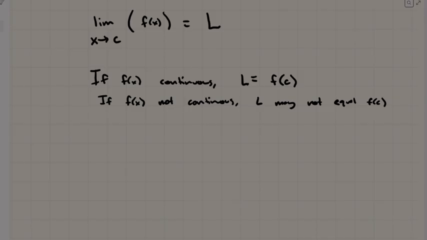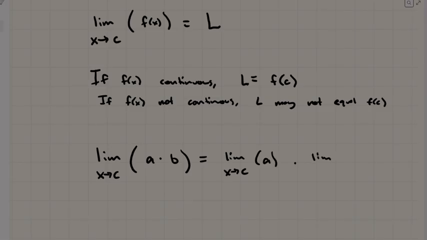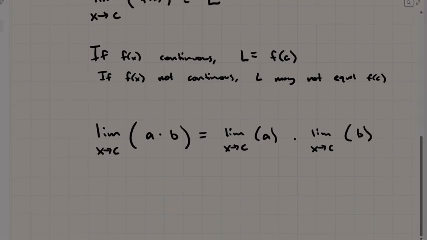Now, there's also a couple of little tricks we can do if we have multiple things inside the limit. So the limit as x approaches c of a times b would equal the limit as x approaches c of a times the limit as x approaches c of b.